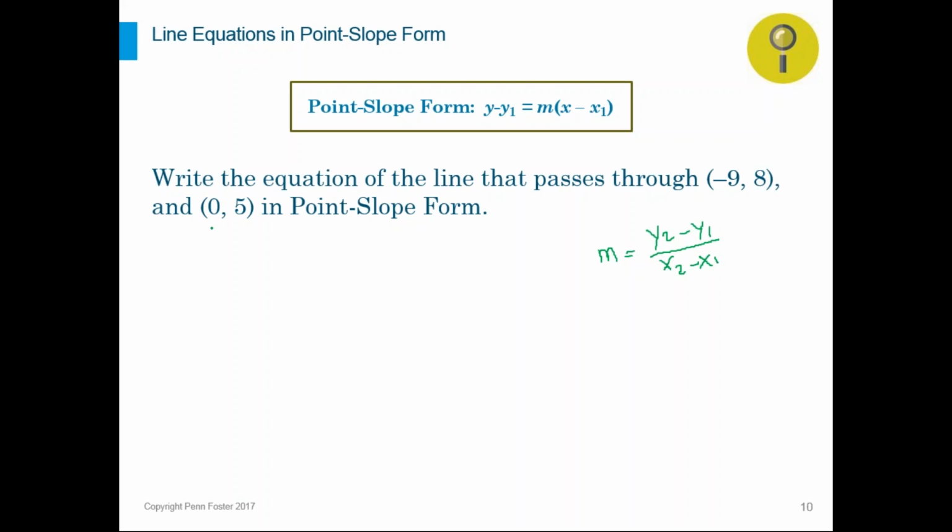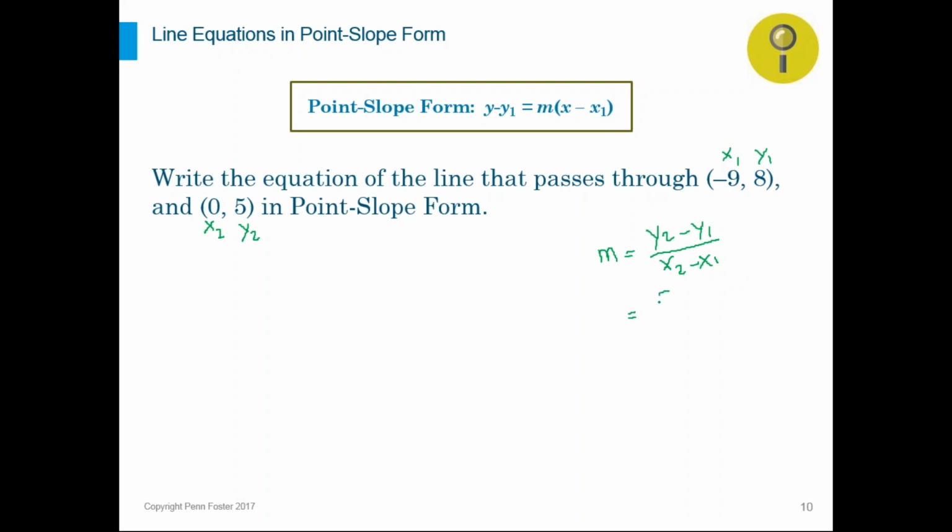The way that I like to do that is to label my coordinates first before I use my formula so I don't mix up. So let's call this x1 and y1, and this is x2 and y2. This way I just have to plug in the right values in place of each of the variables.